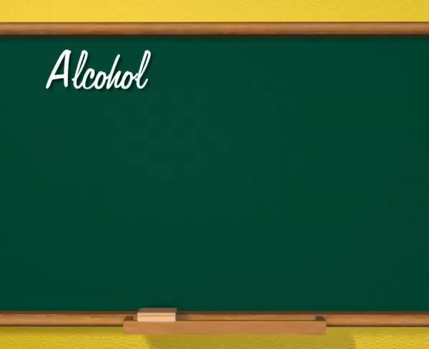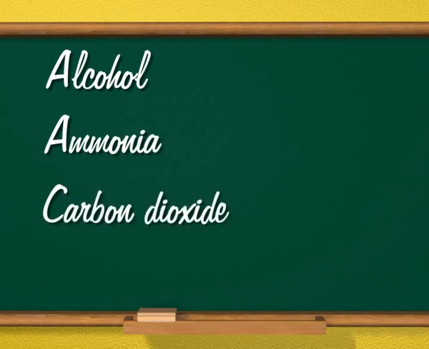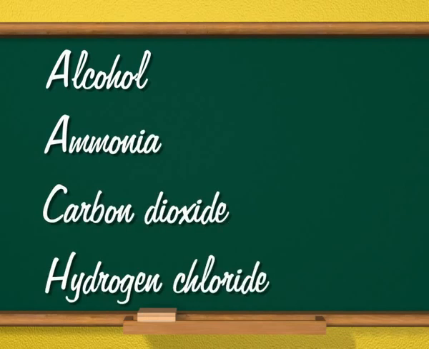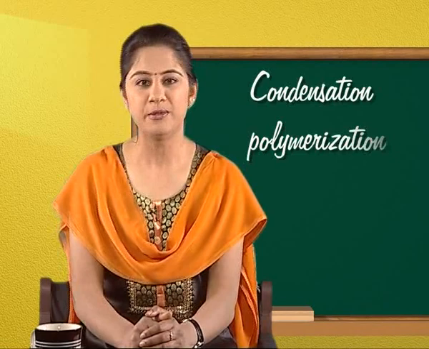Condensation polymers are formed by repeated condensation reaction between two bifunctional or trifunctional monomer units, usually with the elimination of small molecules like water, alcohol, ammonia, carbon dioxide, hydrogen chloride, etc. The process by which condensation polymers are formed is called condensation polymerization.